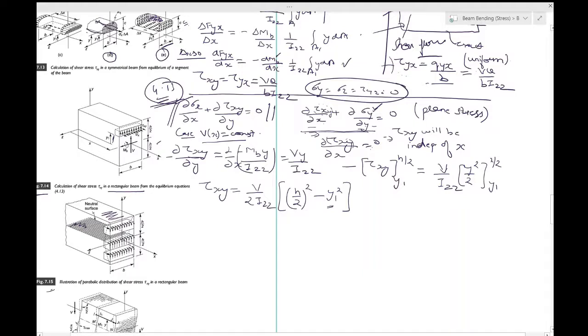This is how tau xy varies. It will be maximum over here, and as you go up or down to the surface it will decrease, and this will be parabolic behavior because you have this y square term. So this is the distribution which is shown.